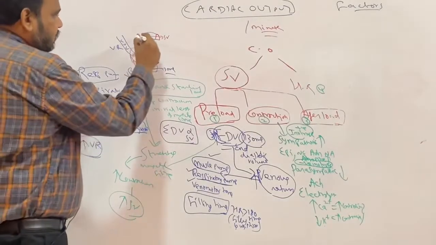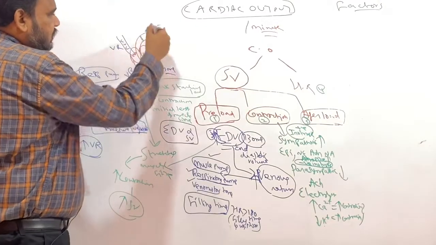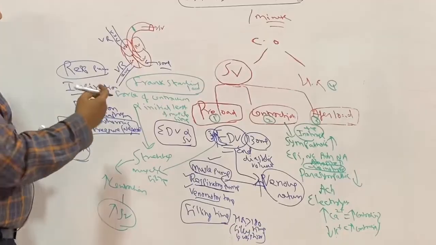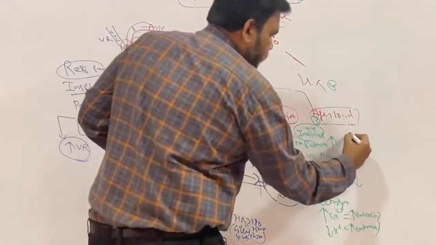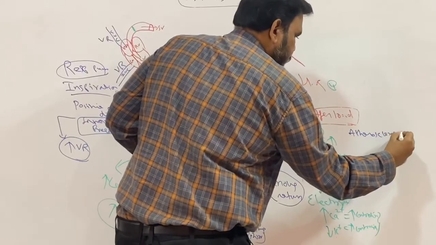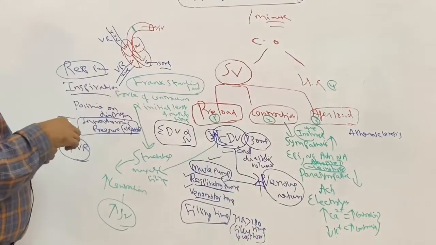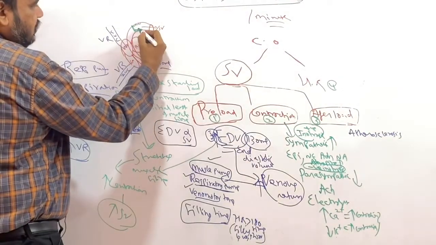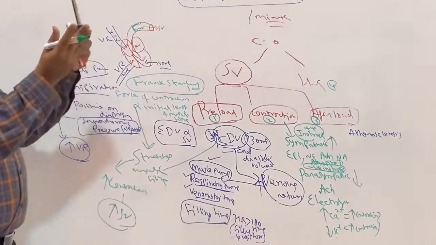So at this level, this is afterload. So afterload means, for example, imagine atherosclerosis. So here in the blood vessel aorta, there are some cholesterol deposits or narrowing of the blood vessels.